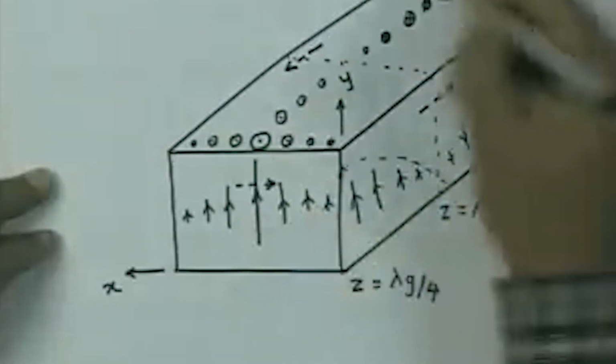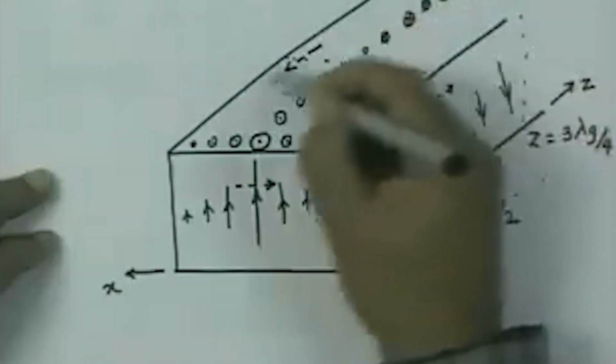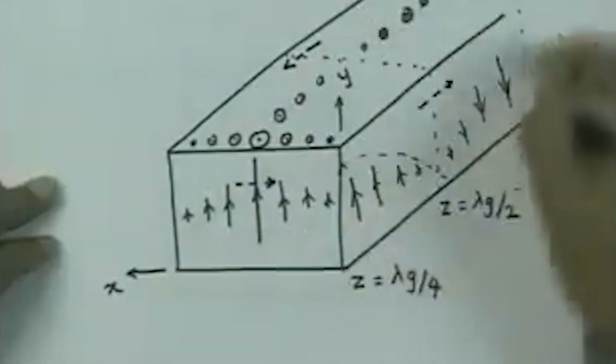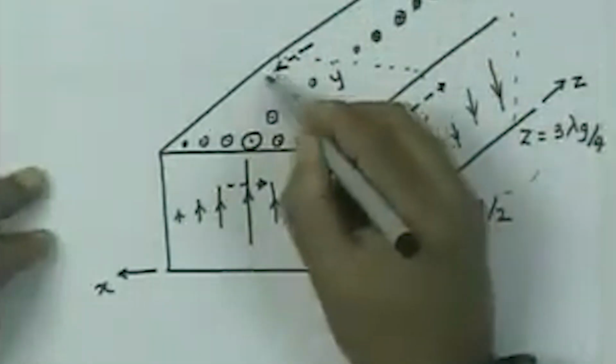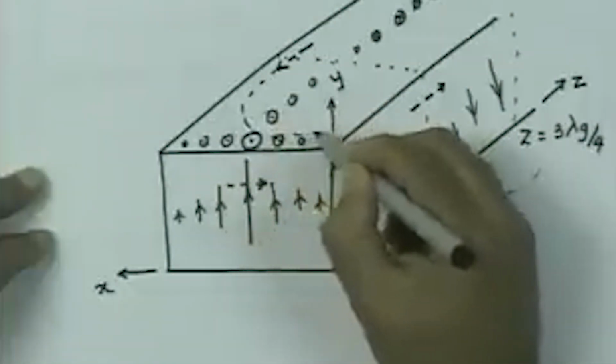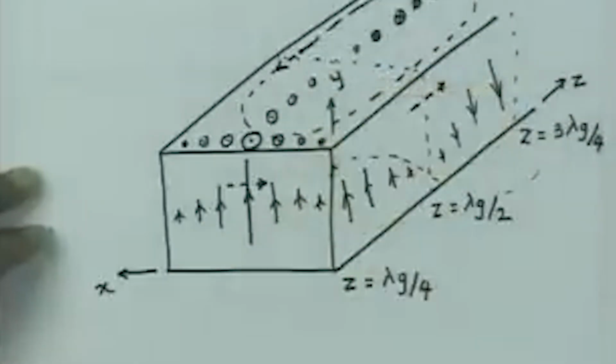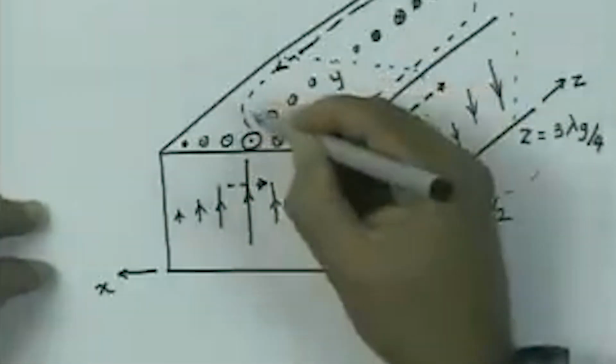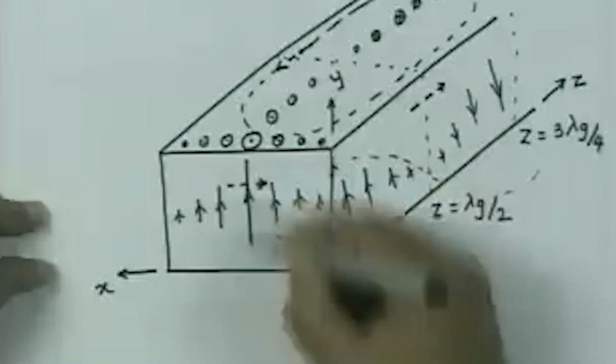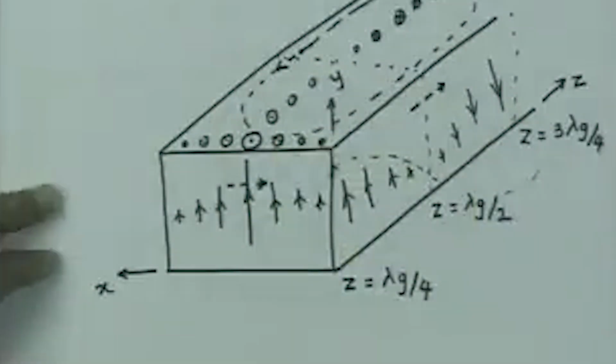last time, we can visualize this now as magnetic field lines which are looping like that in this plane. So, it is actually going to form a loop like that, and the variation of the magnetic field is constant in the y direction.